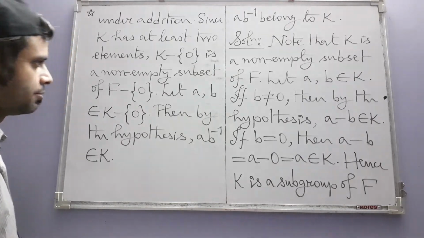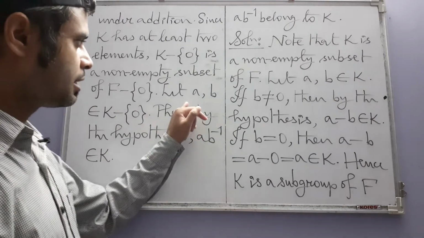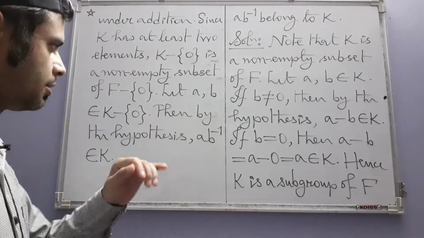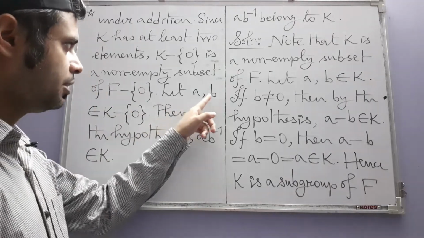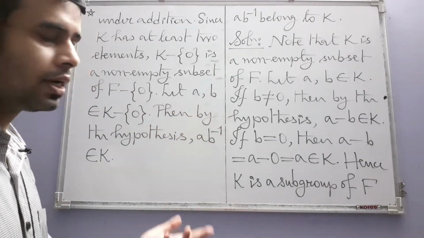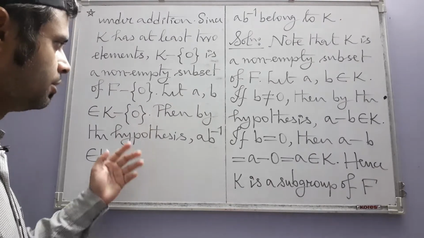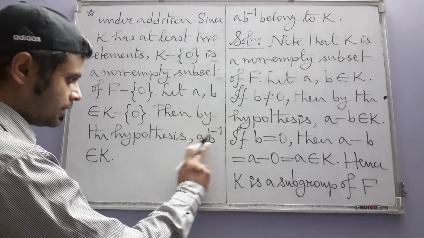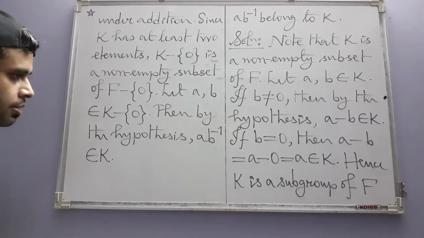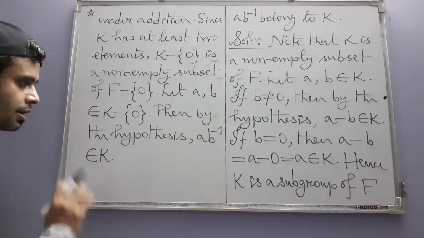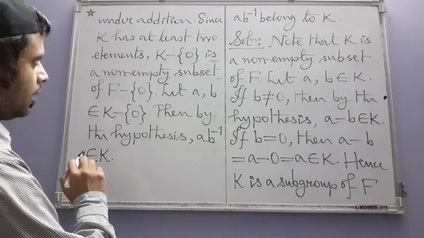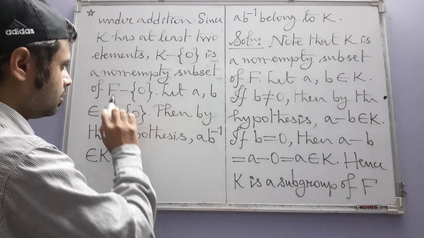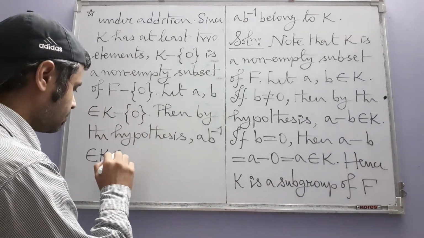Note that this is actually a special case of what is given in the exercise, because in the exercise we need only B to be non-zero. Here however A is also non-zero, but that does not affect anything. So still AB inverse belongs to K. So again you can use the subgroup test and claim that this set is a subgroup of that set under multiplication.